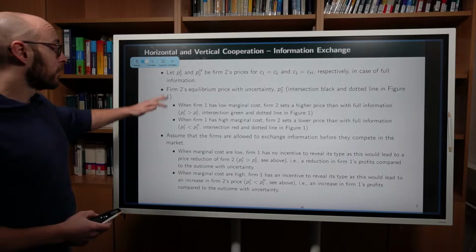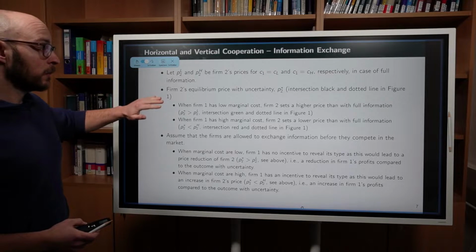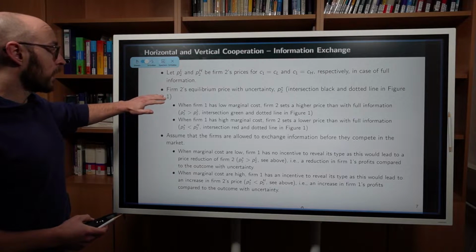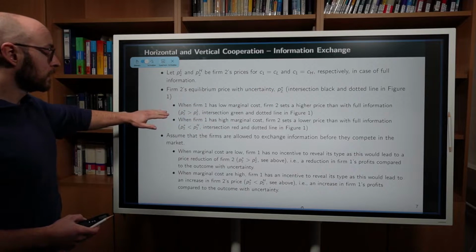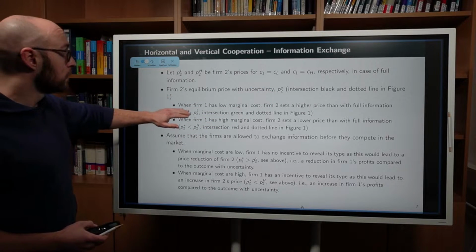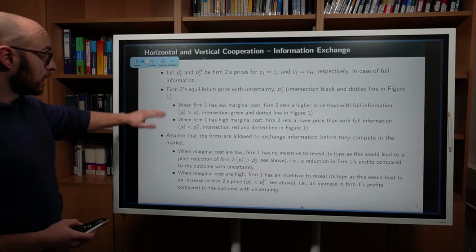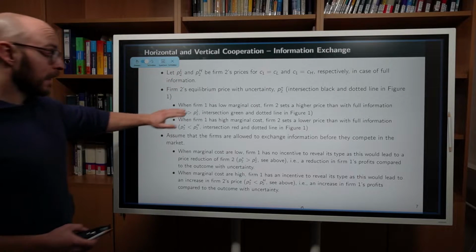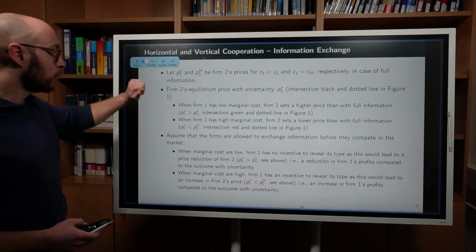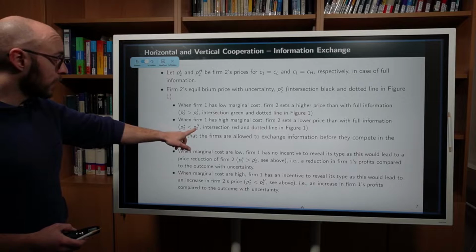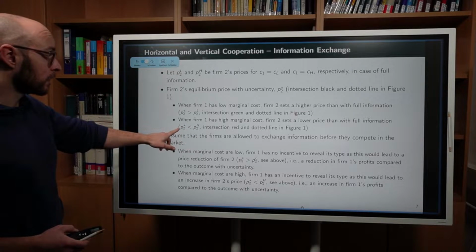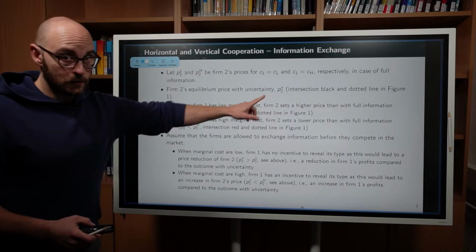Then if firm 1 has low marginal costs and there would be no uncertainty, the price with uncertainty, P2 asterisk, would be higher than the price without uncertainty, P2L. Vice versa, if firm 1 has high marginal cost, then without uncertainty the price would be P2H, and P2H would be higher than the price with uncertainty, P2 asterisk.